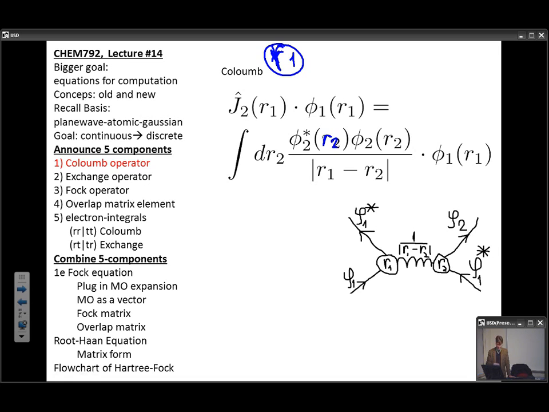And there could be many more electrons. Here is just an oversimplified notation. So there is more than one electron, but we are looking only at one electron. And we are looking at some operator that corresponds to this potential, repelling the single electron from the rest of the electrons.